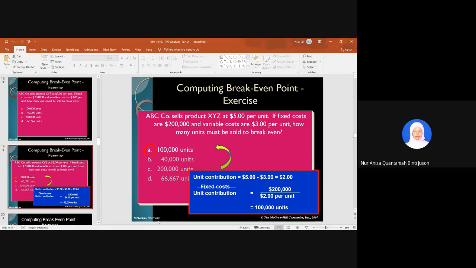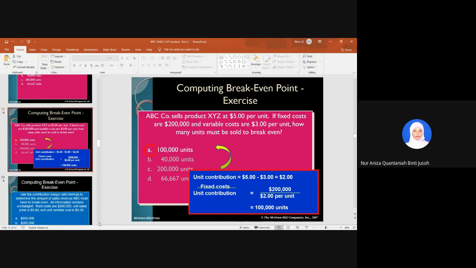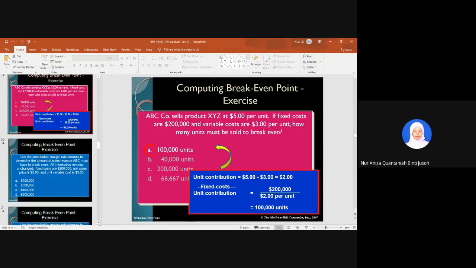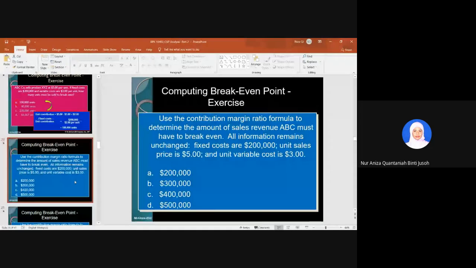Okay, so this is calculating using the contribution margin per unit. Now you can also calculate using the information given to find the sales in dollars. So what will be this sales in dollars?